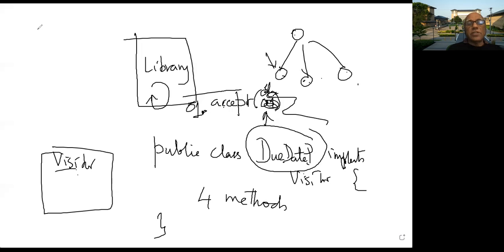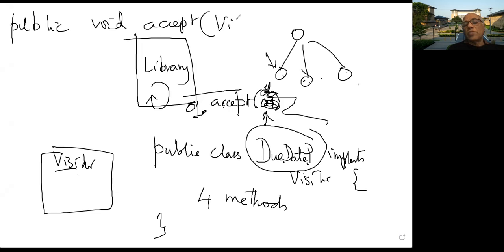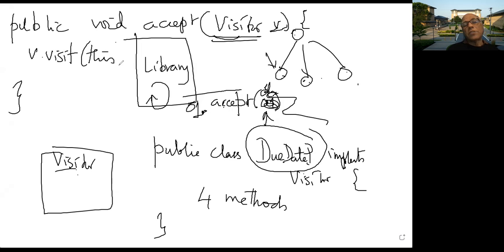All they will do is, they would look like this: public void accept visitor V. See, I just put the name of the interface. So it could be any kind of visitor. And if that visitor is V, I will call V dot visit this.